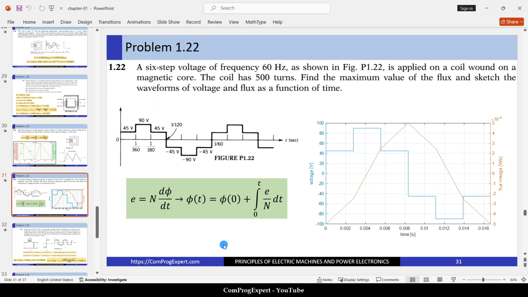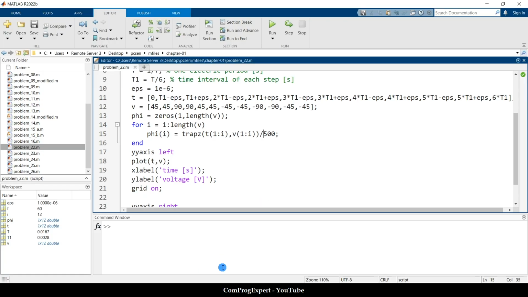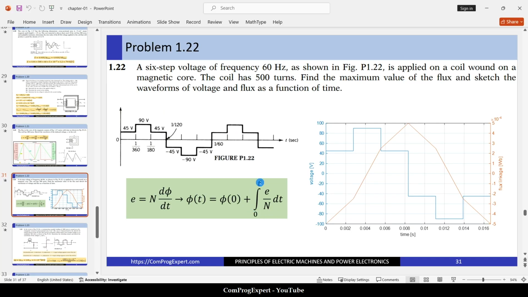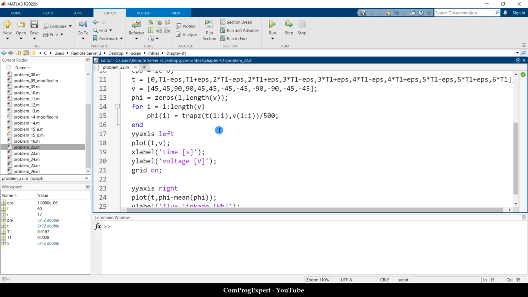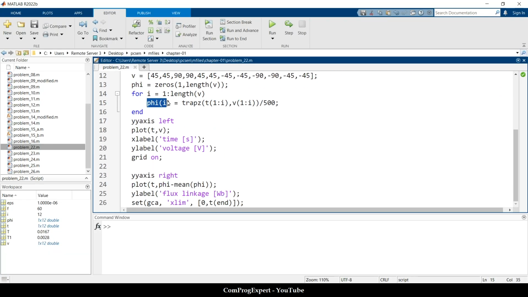This for loop is actually this term on the right hand side of this equation. When we run the code, we can calculate phi, and here I plot t versus phi minus the average value of phi.